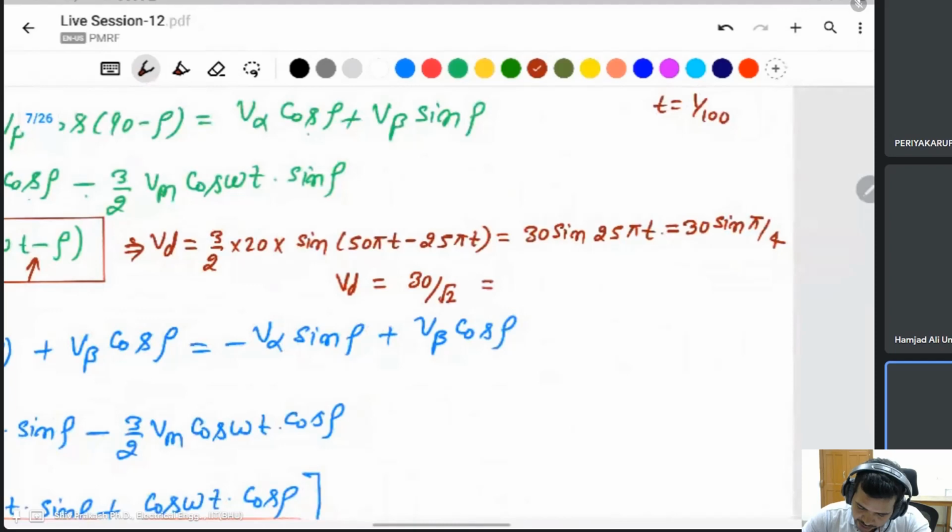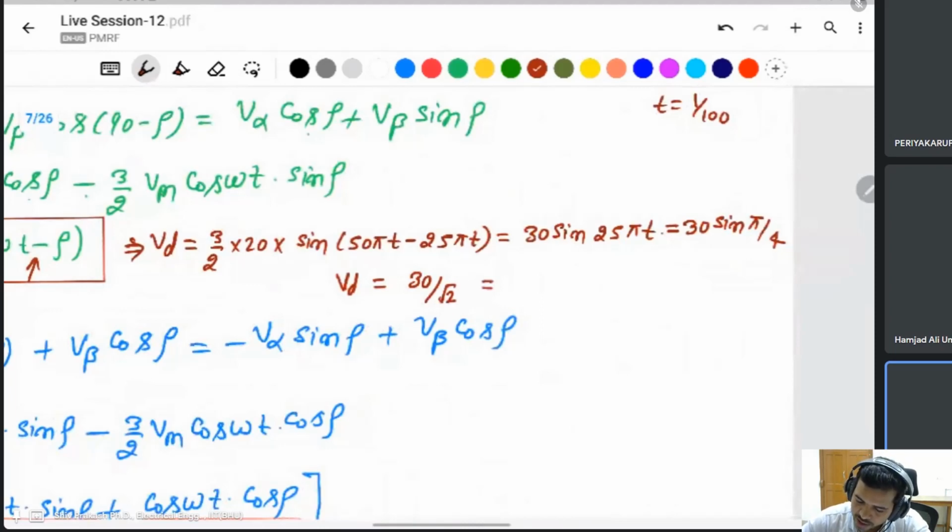Same thing applies here. Minus 3 by 2 Vm cos of omega t, which is 50 pi t, minus rho, which is 25 pi t. It will be 25 pi t. So minus 3 by 2 Vm cos of pi by 4, since 25 pi t with t equal to 1 by 100 is pi by 4.